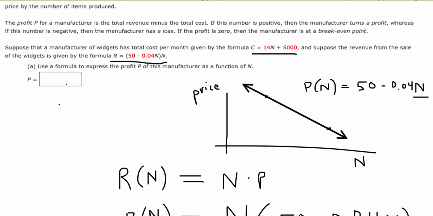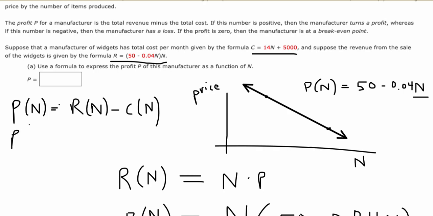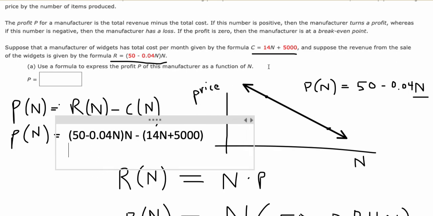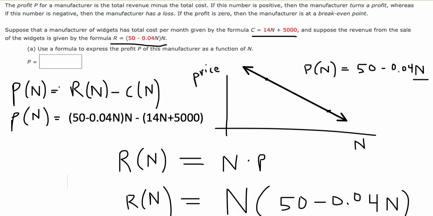Okay, so their profit function to answer this question A will be a subtraction of R minus C. And so the profit function, therefore, is going to be 50 minus 0.04n times n, minus parentheses 14n plus 5,000. Don't forget the parentheses around your cost function, okay?